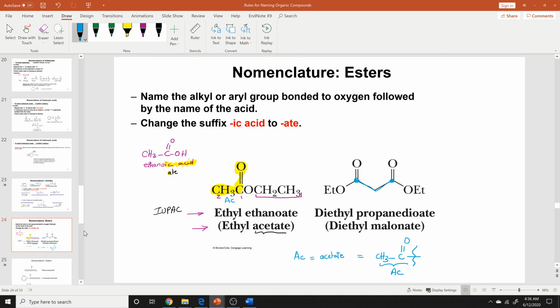Now, since you are naming esters, you have to start by naming the R group that is connected to the oxygen. So that's going to be diethyl, and then count the carbons, going to be propan. Instead of being propanoic acid, it will be propandioate.